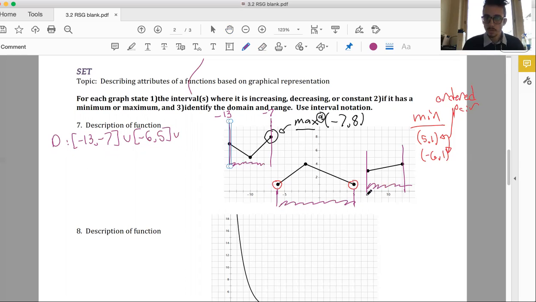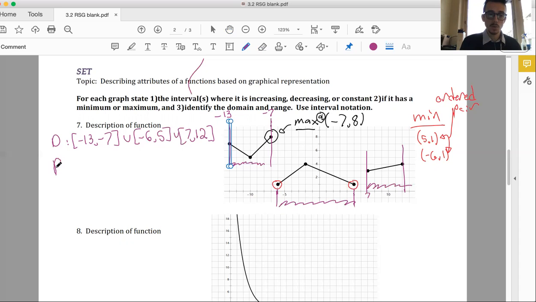So this is 7 for the x term. Notice that there's a gap between 5 and 7, which is fine. And then this picks up again and keeps going all the way to 12. So that's my domain. And I'm using brackets because I want to include everything that's there. So I hope that helps.